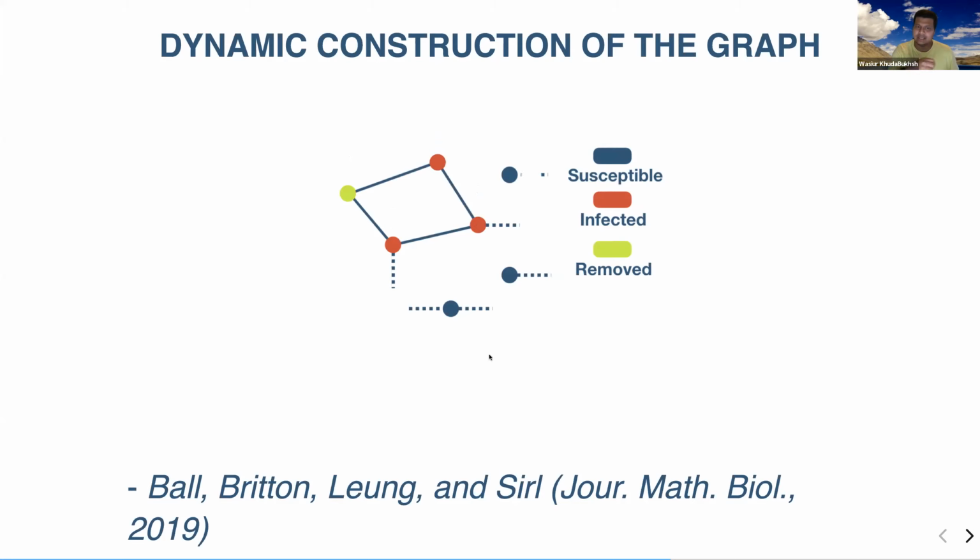Infected vertices pick one of their half edges at a given rate following a certain hazard function, and one more half edge is picked from the collection of all available half edges, and then they're paired together. If the other half edge belongs to a susceptible vertex, then he or she turns infected. That's how the graph is revealed dynamically as the disease progresses.